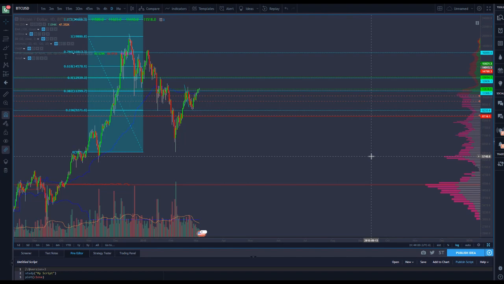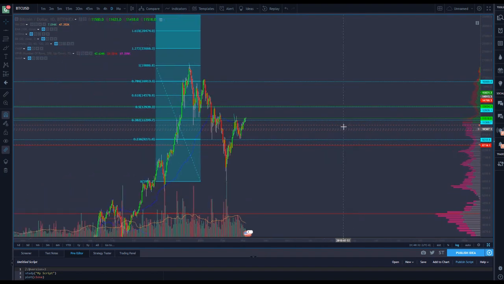Another important support or resistance line is right here, 7,000, then the next one up is 8,000, then this one right here is at 10,000 and 11,000. Those are also major support or resistance lines, and usually these volume profiles match up with these fib lines, as you can see here.